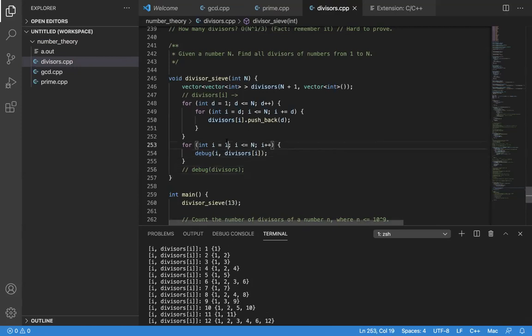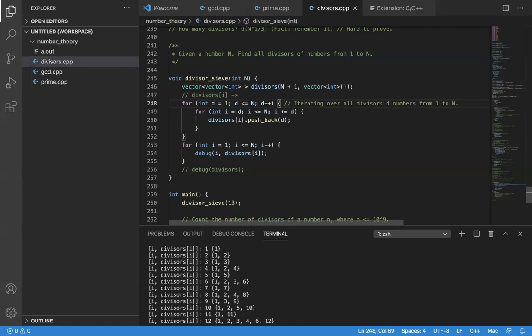So do you understand this code? What is this doing? I'm iterating over all divisors from 1 to n. And this d will be a divisor of all its multiples. So I'm going over all multiples of d and saying that d is a divisor of i. So for divisors of i, I am pushing back d.